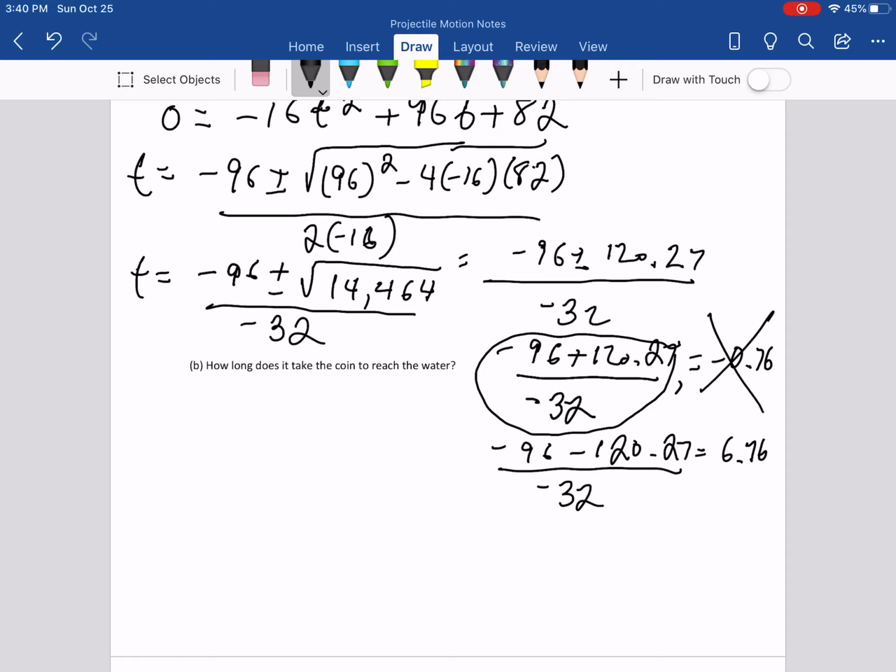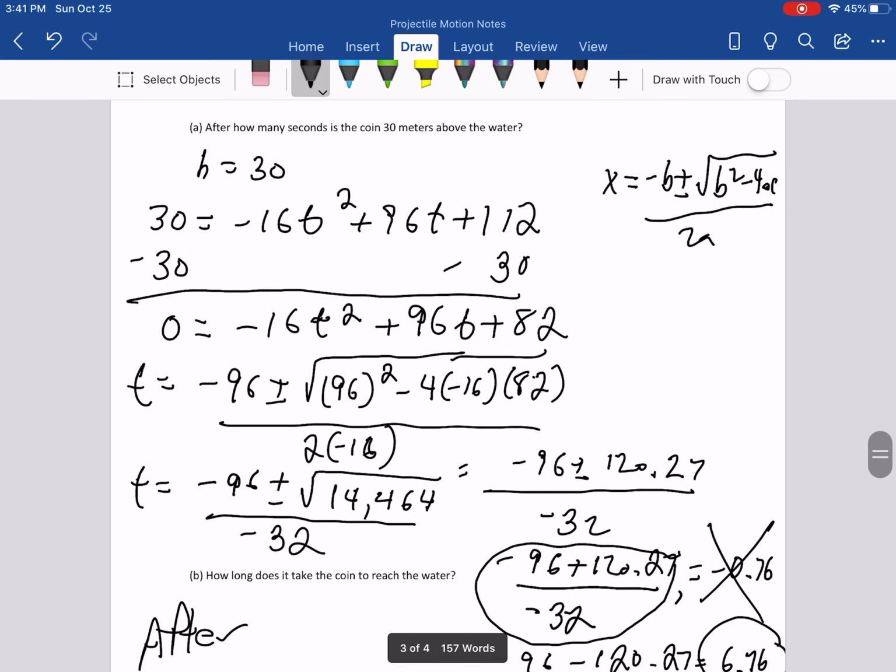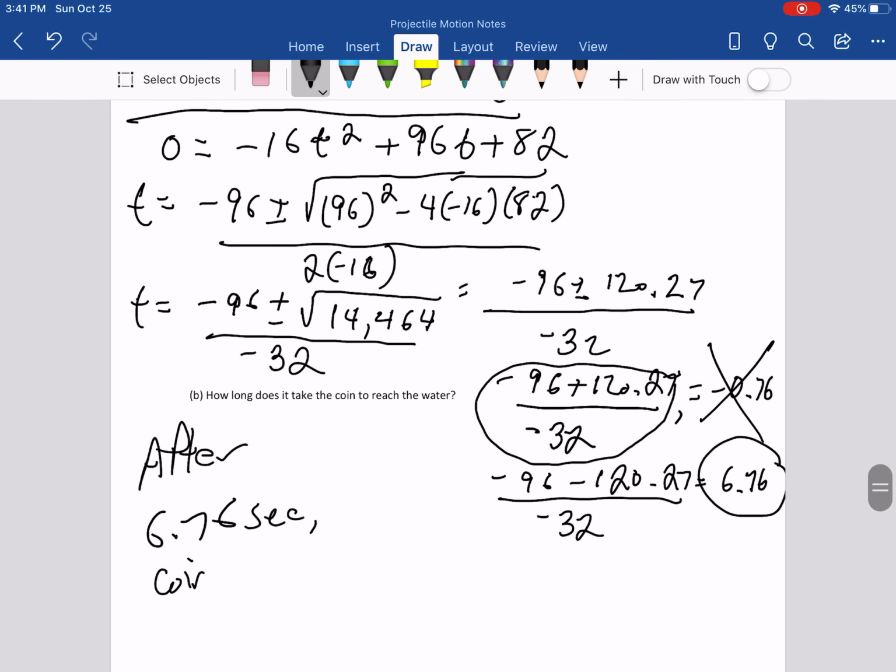And the only time at which it would make sense in the context of the problem is after 6.76 seconds, when the coin hits the water. Okay.